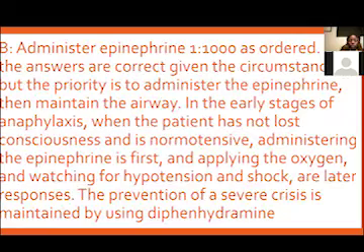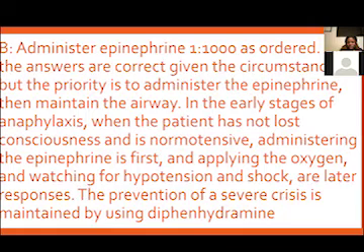So let's look at the rationale. Administer epinephrine 1 to 1,000 as ordered. All the answers are correct given the circumstances, but the priority is to administer the epinephrine, then maintain the airway.